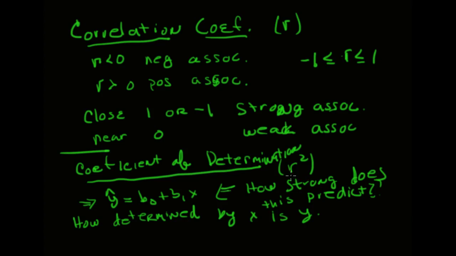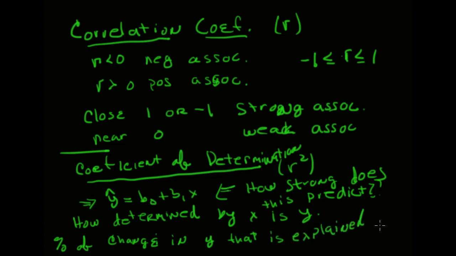So r squared, which is taking this correlation coefficient that we got in the last unit and squaring it, actually tells me the percentage of the change in y that is explained by a change in x.